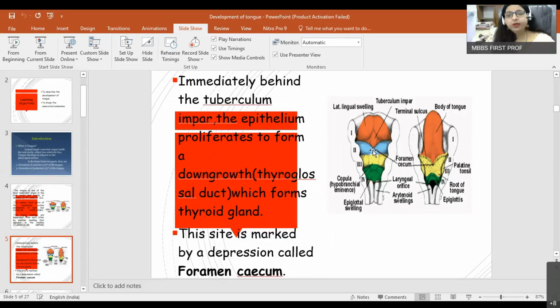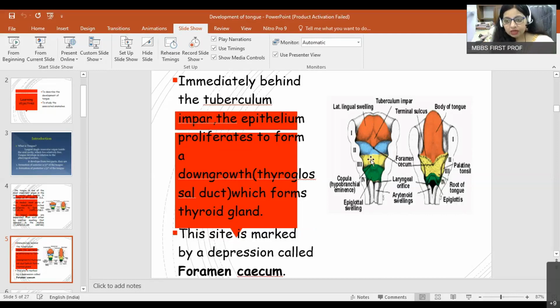Now this hypobranchial eminence is divided into two parts, the cranial part that is known as the copula and the caudal part giving rise to the epiglottis. This green structure is responsible for the formation of the epiglottis.